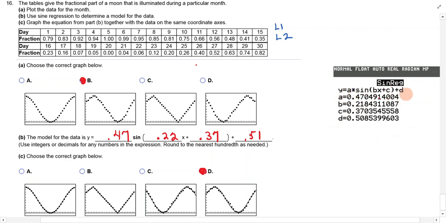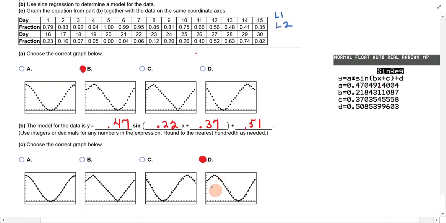It's the function right here, and then it gives you the A value, B, C, D. And you're going to put in the 0.47, it says round to 100, sine, your B value is 0.22, x, plus 0.37, close parentheses, and then plus 0.51, that's your D value. When you go put this in y equals and hit graph, you will get this that's following your dots.